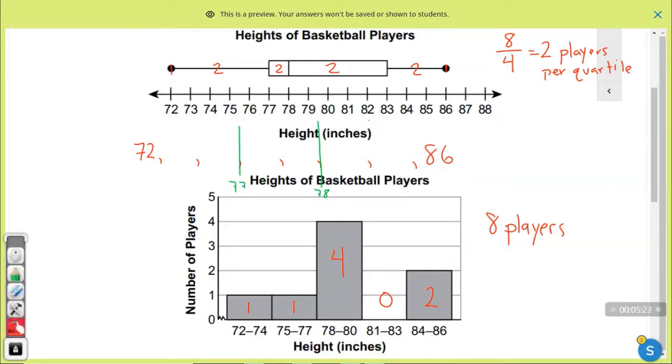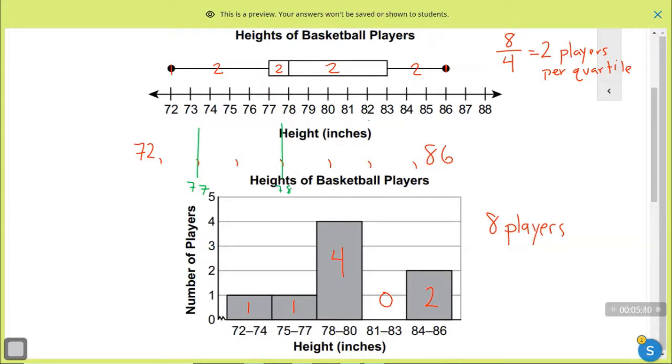I apologize, putting them in the wrong spot. Let me fix that for you. It's between these 2 values, who's 1, 2, and then 77, 1, 2, and then 78, 1, 2, and then 83. All right? And I know that the numbers on either side are going to contribute to that value, because the numbers on either side are going to say that that value is right in the middle.